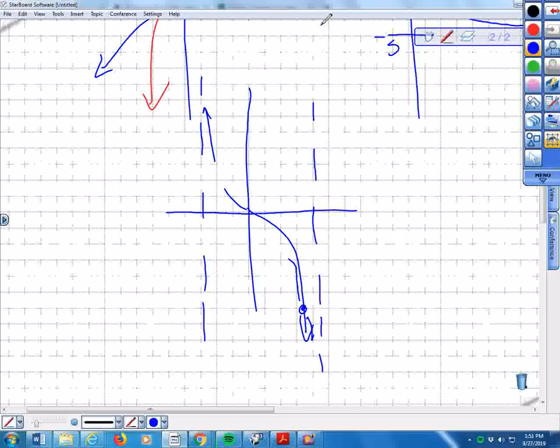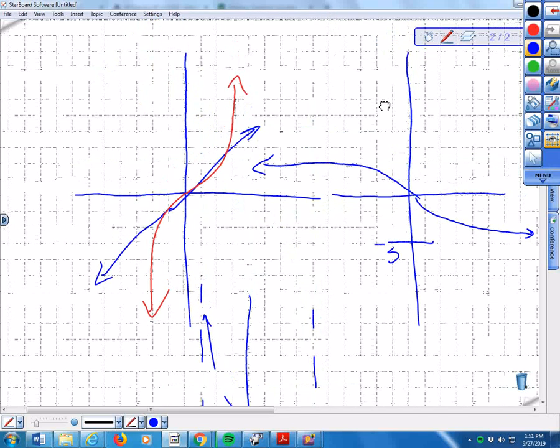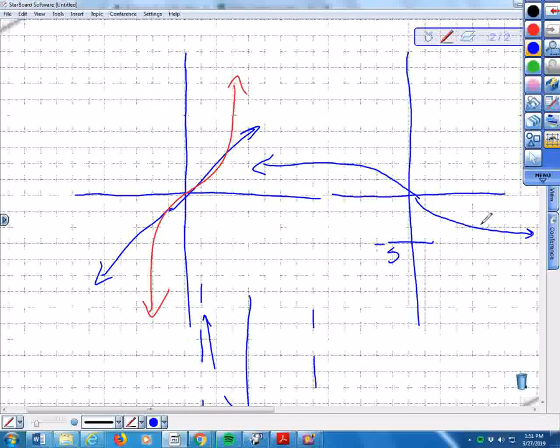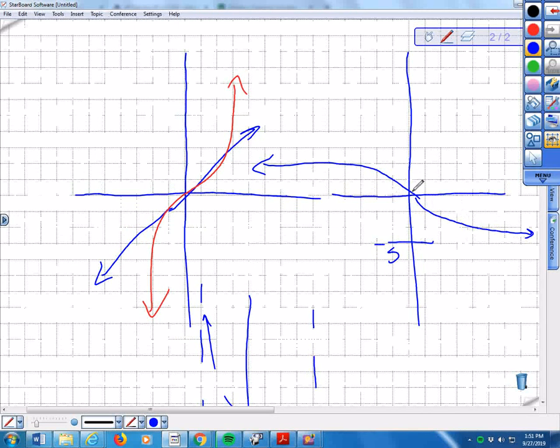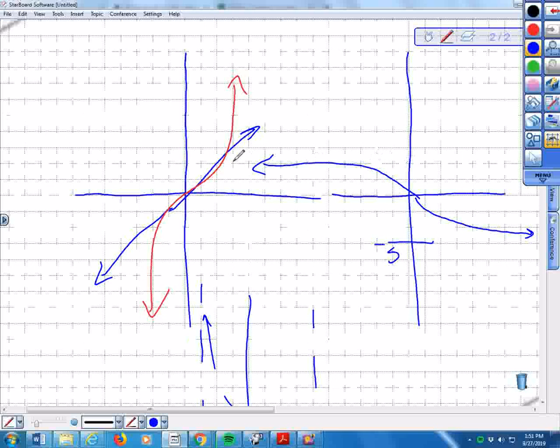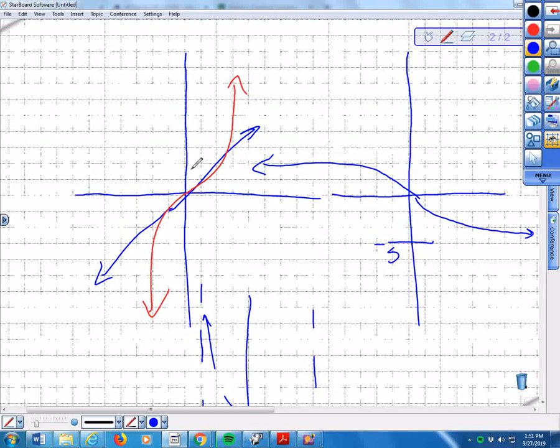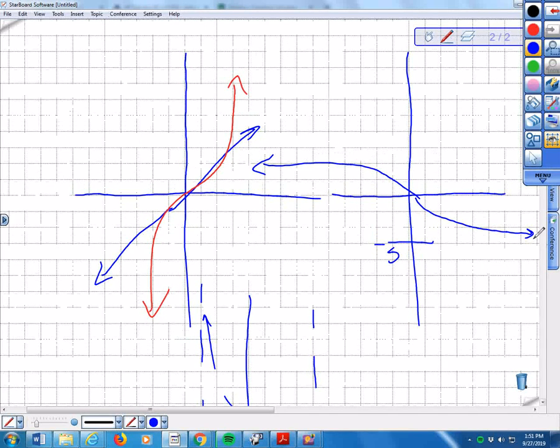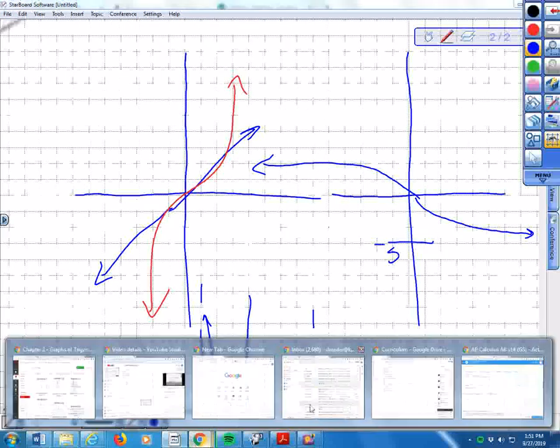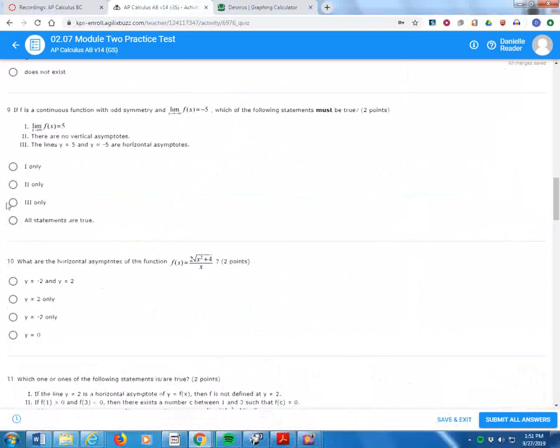In this graph here, as it's odd and it gets bigger and bigger, this one's going to negative infinity, which means if it's odd, this has to be going to positive infinity. So you definitely would have a horizontal asymptote here as it's approaching and one there. So my answer on this one is going to be 3 only.